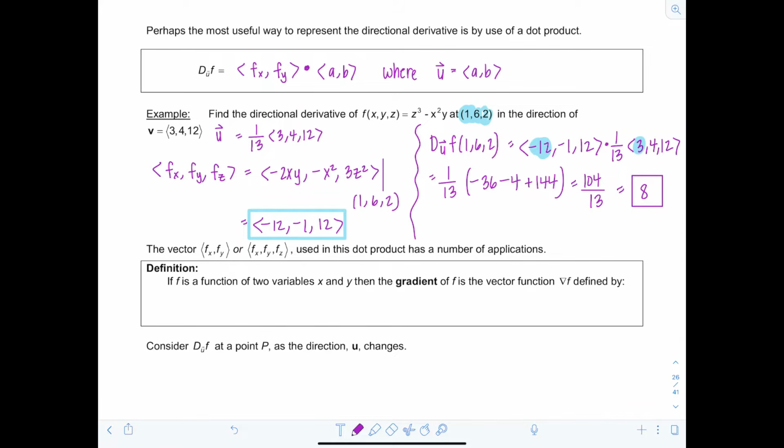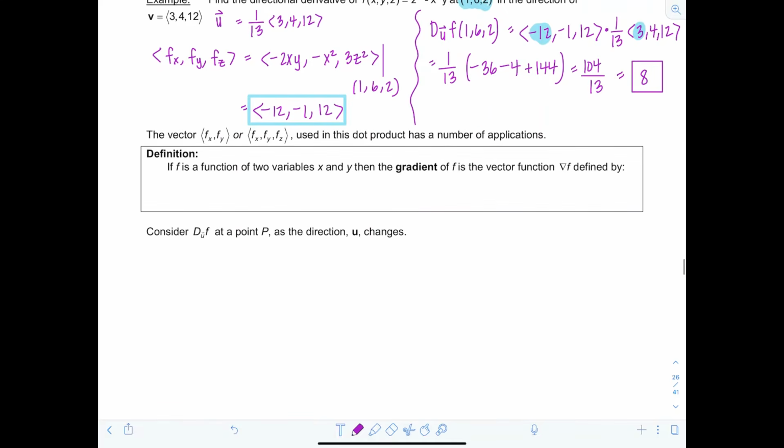Now, interestingly, the vector of partial derivatives that we saw above, used in this dot product, has a number of applications. It's such a popular vector that it even gets its own name. If f is a function of two variables, x and y, then the gradient of f is the vector function, denoted with that upside down triangle, defined by the gradient of f equals the vector of the partial of f with respect to x and the partial of f with respect to y.